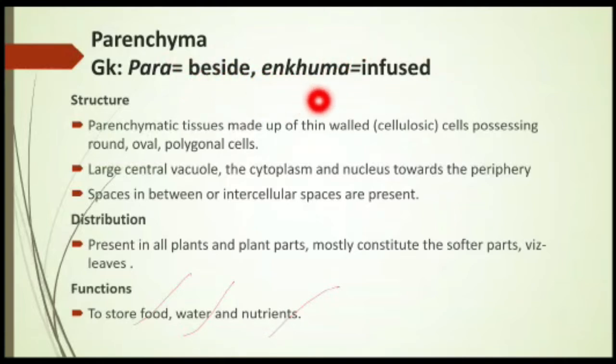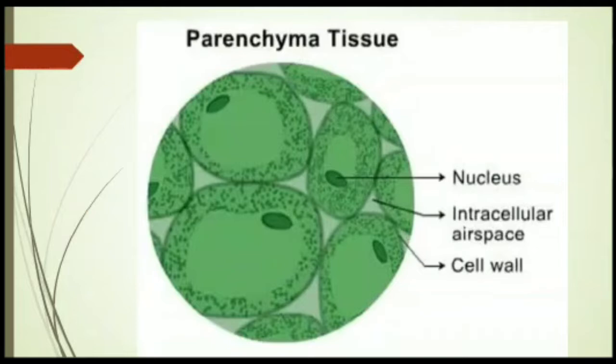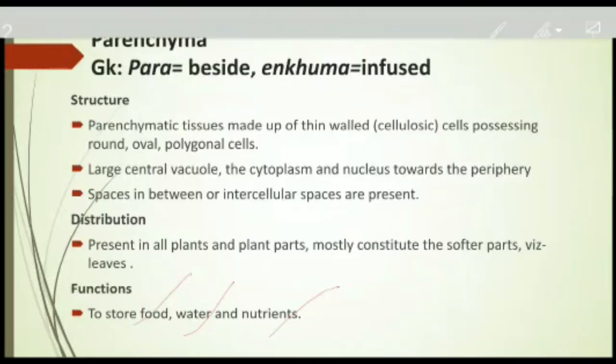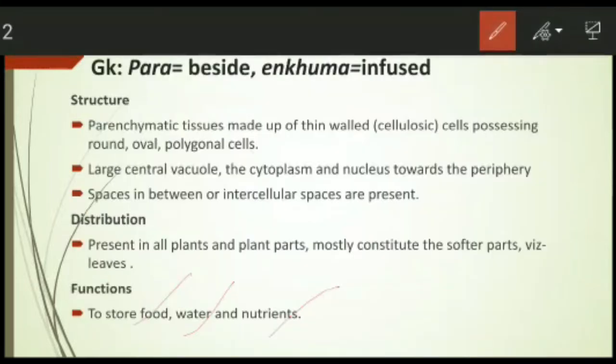So together, it means beside, infused or inside the plant body. So if we see its structure, the parenchymatic tissues are made up of thin cellulosic wall. Cellulose is a special sugar that helps in the building of plant cell wall.